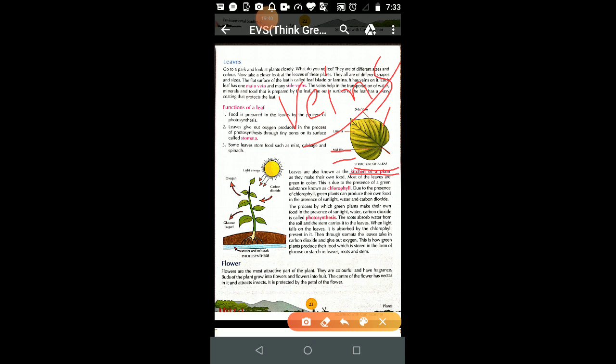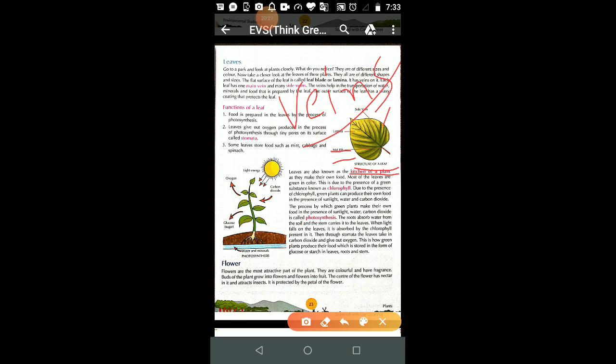So student, only plants are the living things which can prepare their own food. If we are talking about all living things, plants are the only living things which can prepare their own food.